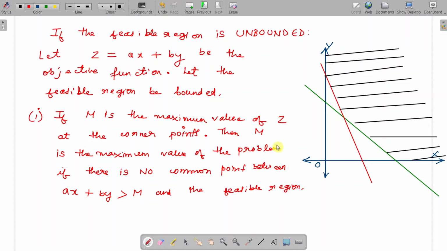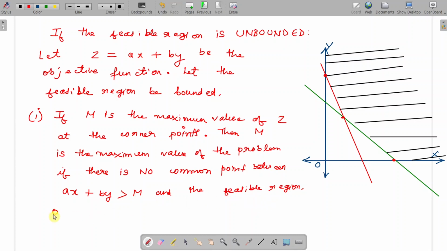If M is the maximum value of Z at the corner points, if you take these corner points and find the value of Z and find that M is the maximum value, then M is the maximum value of the problem, if there is no common point between this inequality and the feasible region.